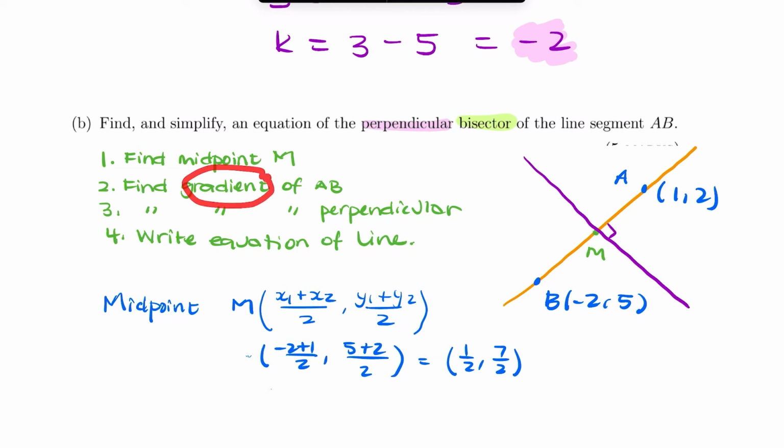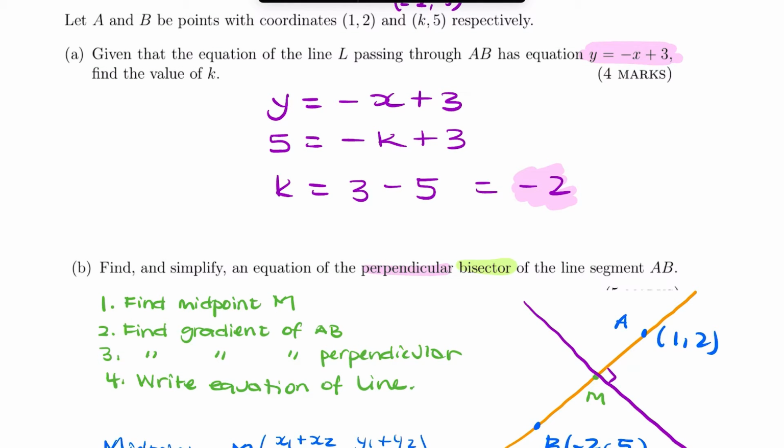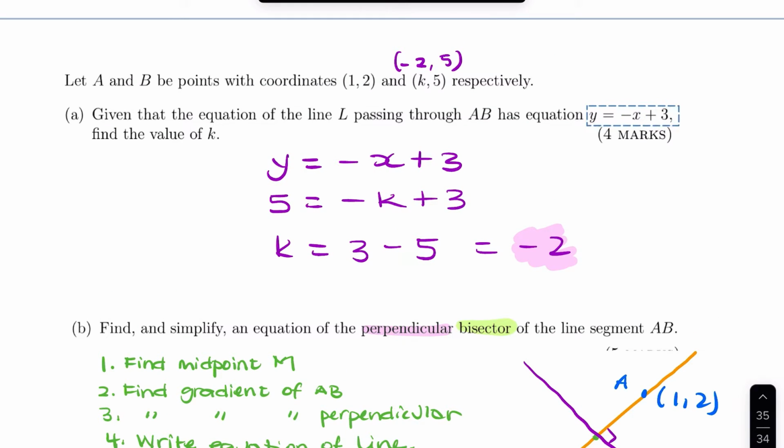Now we need to find the gradient of this line. Now we could find it saying y2 minus y1 divided by x2 minus x1. But we know the equation of the line, don't we? We could just use that. We know the line is y equals negative x plus 3.